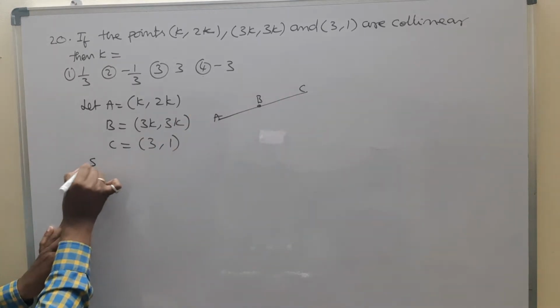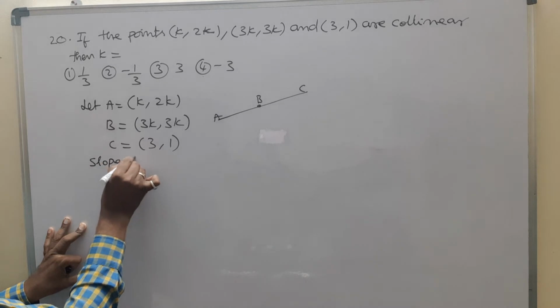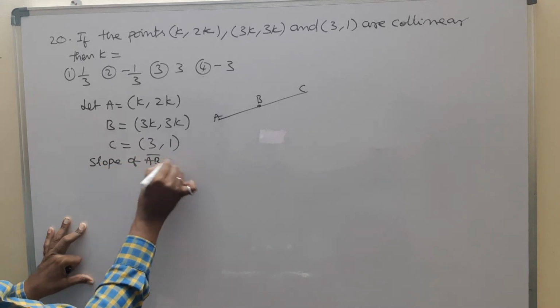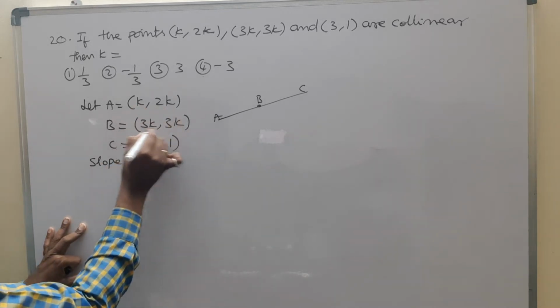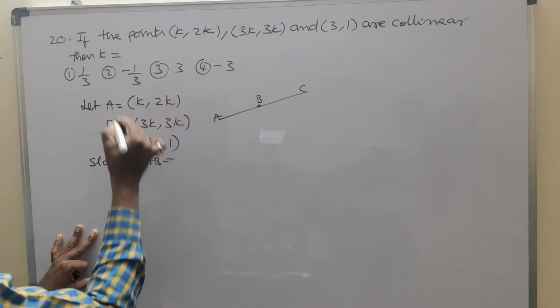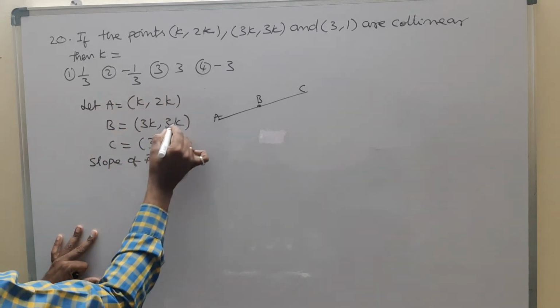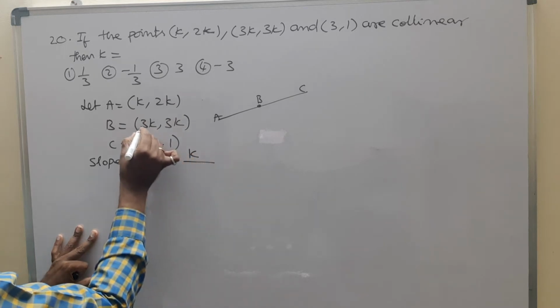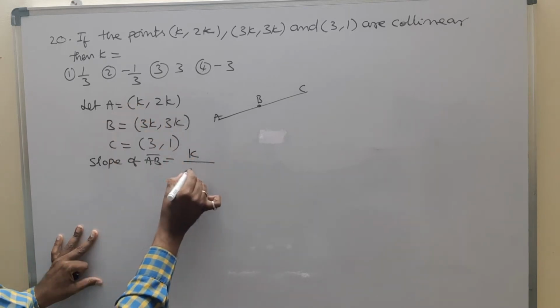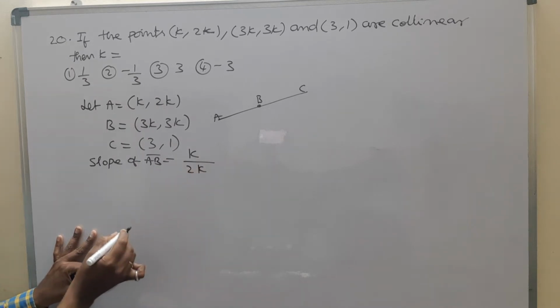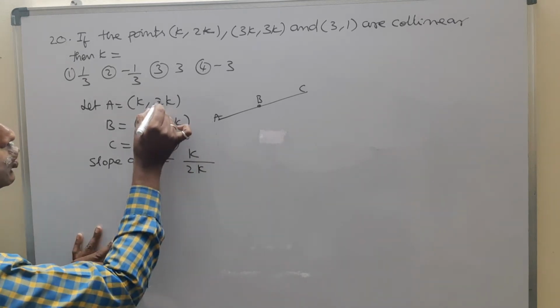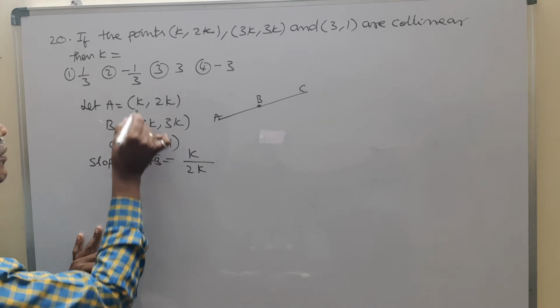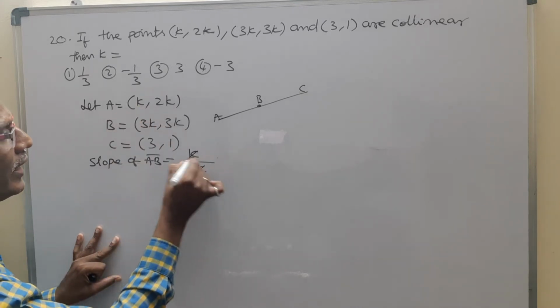To find slope of AB, with (x1, y1), (x2, y2): y2 minus y1 by x2 minus x1, that is 3k minus 2k, k, over 3k minus k, 2k. Directly apply: 3k minus 2k is k, 3k minus k is 2k, k gets cancelled.